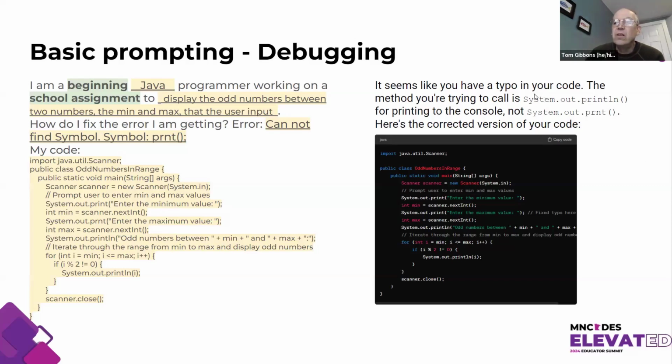It says you should be saying system.out.println, and you're just saying print, not system.out.println. And here's the corrected version of the whole code. We find that helpful for this basic syntax checking.